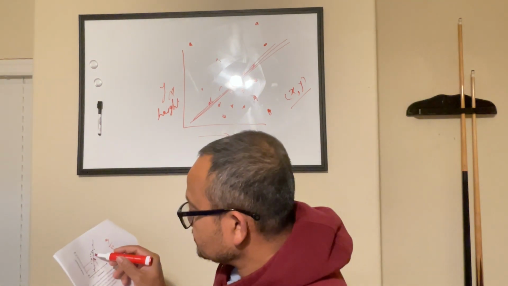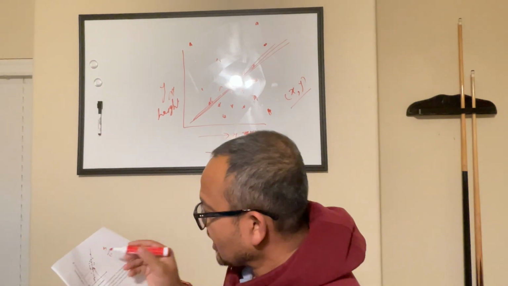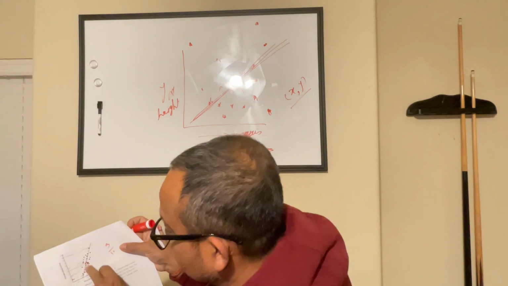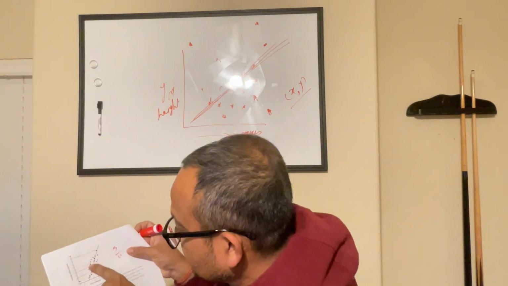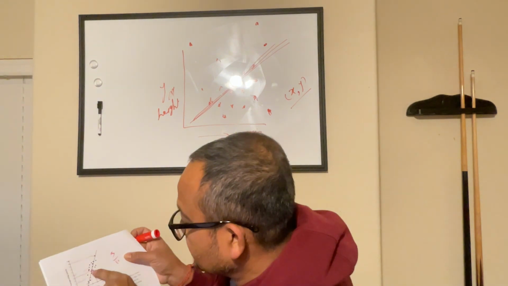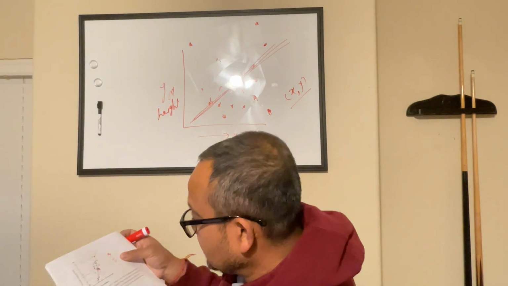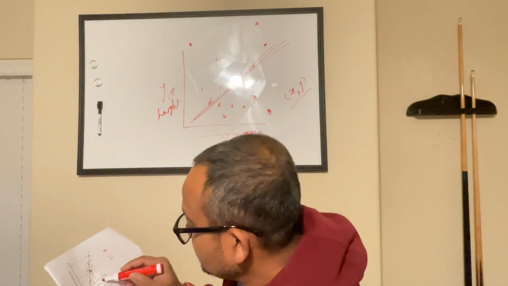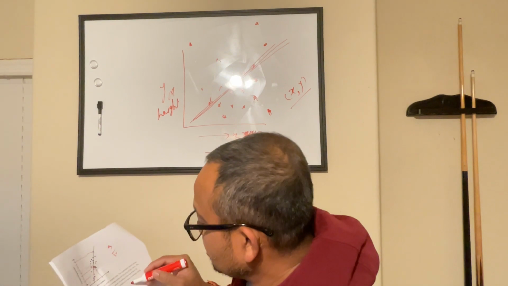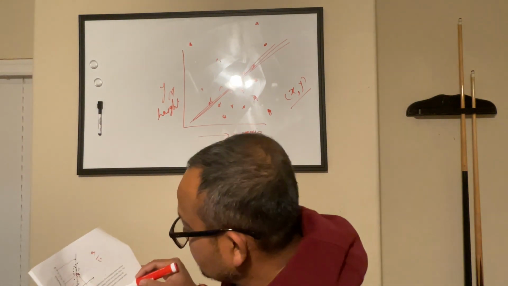Why would it be 3 over 10 though? Why would it be 3 over 10? So just pick two data points, right? Let's say I pick this one and this one. If I pick this one, this is at 4. This one is at 9. So this 5 rating increase is coming from 2 to 3, meaning $1 increase.